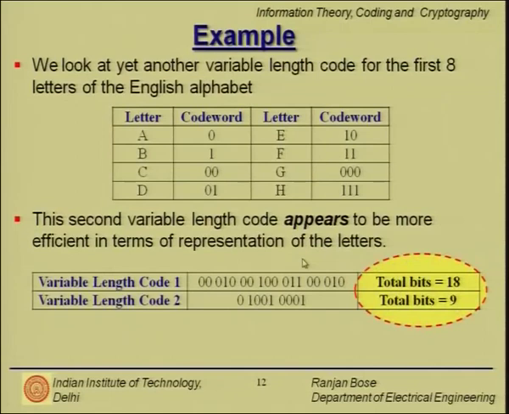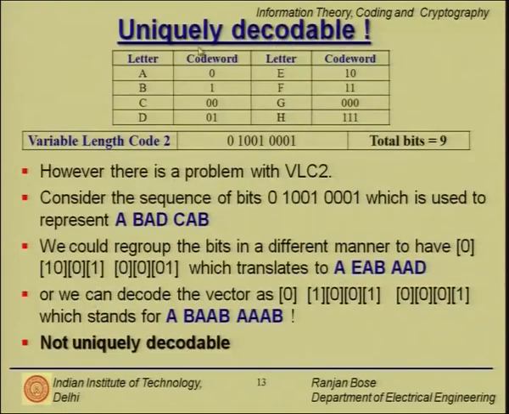But let us see, is this good enough? Is there a problem with this representation? So, we come to the question of uniquely decodable codes. Even though the variable length code 2 had only 9 bits to represent a bad cab, when you come to the other side and decode it, you are in trouble, because we have several possible decodings.